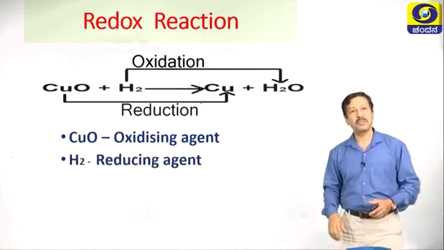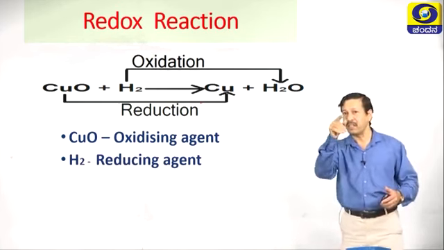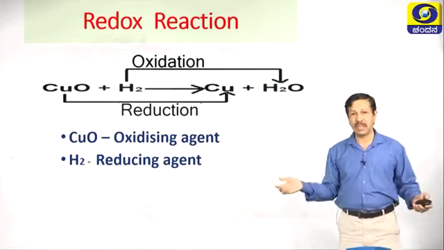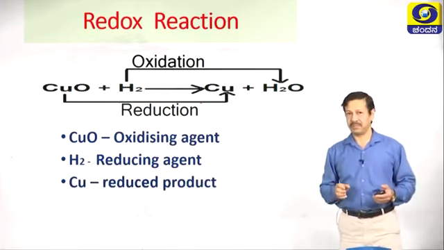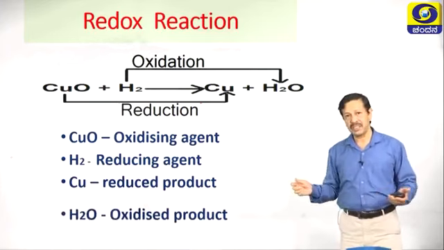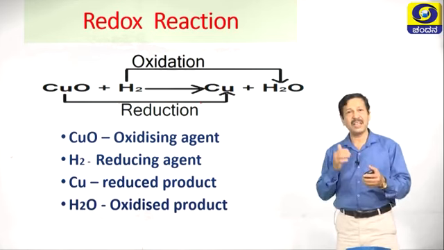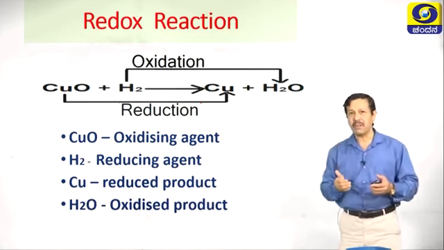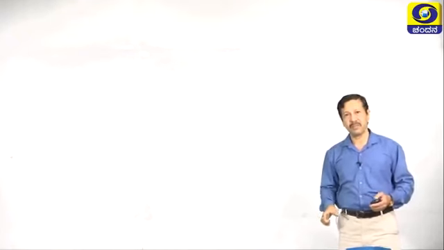Next one is hydrogen, the reducing agent, but it oxidizes itself to water. Next, copper is reduced, so that is the reduced product. Similarly, water is the oxidized product. Thus, you can easily identify the various terms related to a reaction.